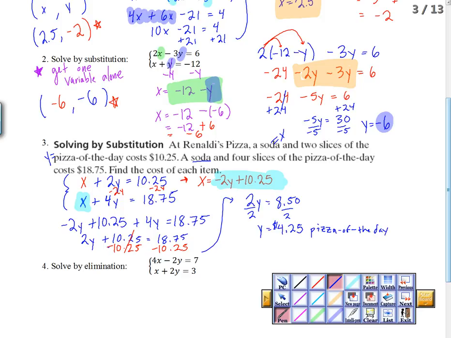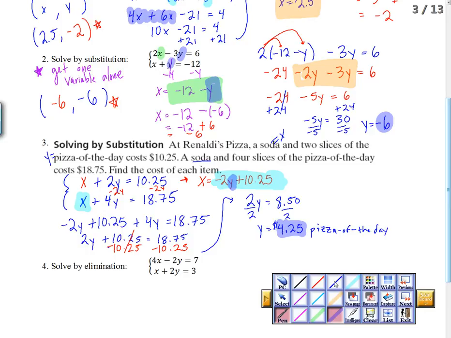Once I have my y, I can plug that back in to the y of my equation that's solved for x. You could plug it into either one of these. I like to do it here though, because then it's just a simple multiplication and addition problem, and I don't have to move anything from the left or right side of the equation.